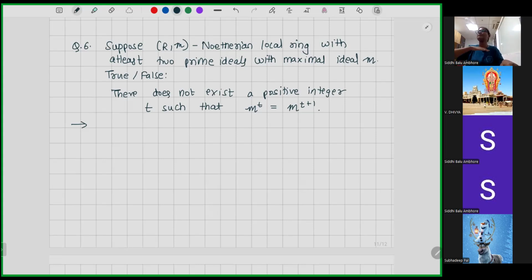So they are asking us whether there exists any integer t such that M power t is equal to M power t plus 1. This condition they are asking us to check whether this is possible.